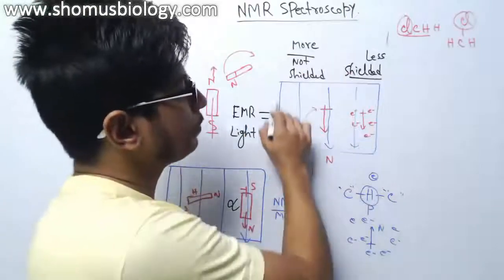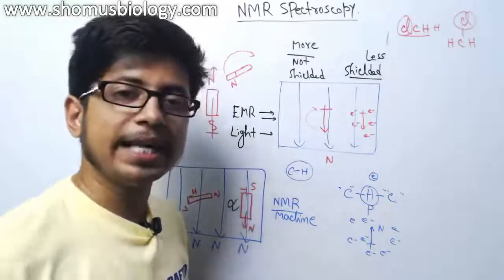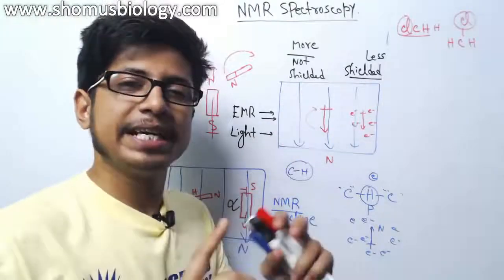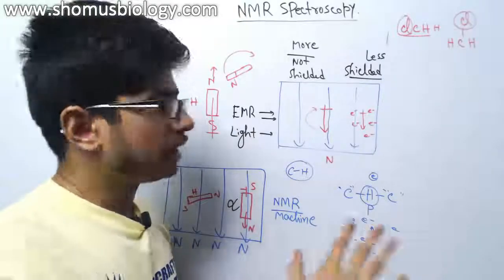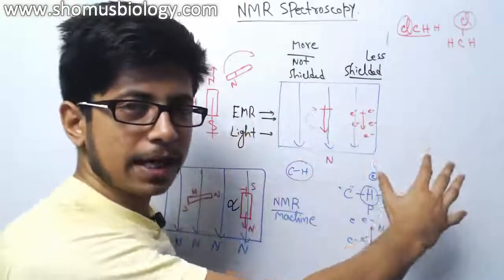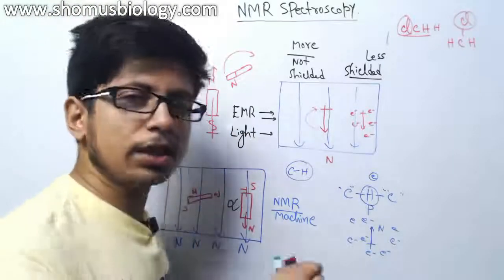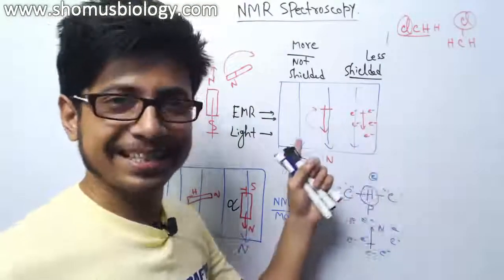This is the most important point that helps us find out the structure and the arrangement of different protons, and the arrangement of different atoms in the molecule. Okay, how? Let's look at it. This is filled, so I have to erase this, and then I'll explain how exactly we determine the structure of a molecule based on the idea of shielding and less shielding.